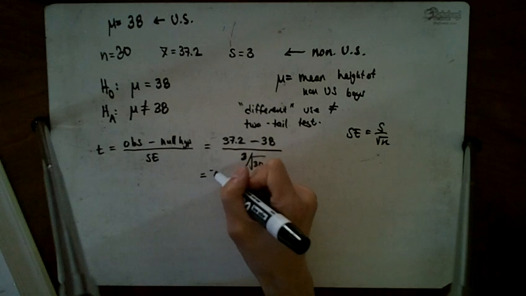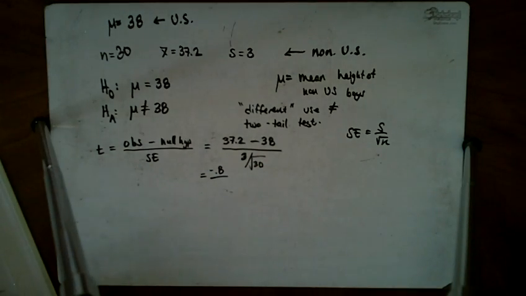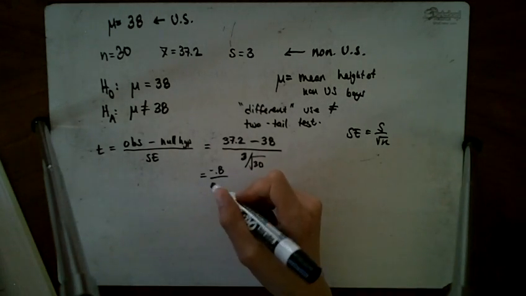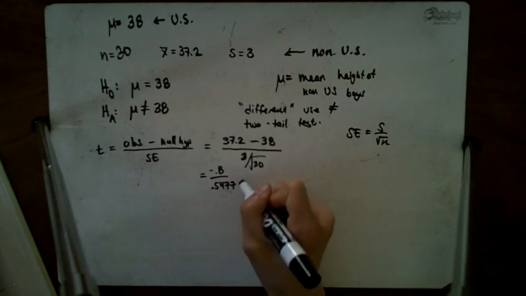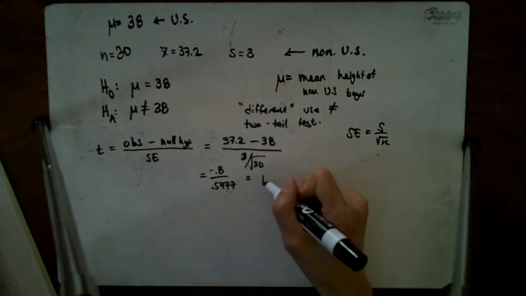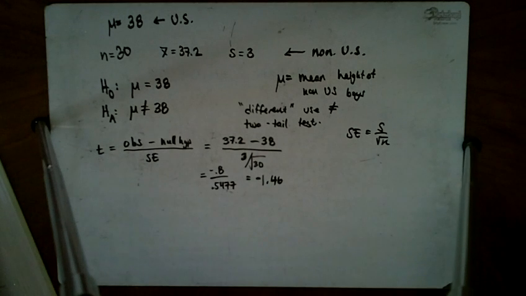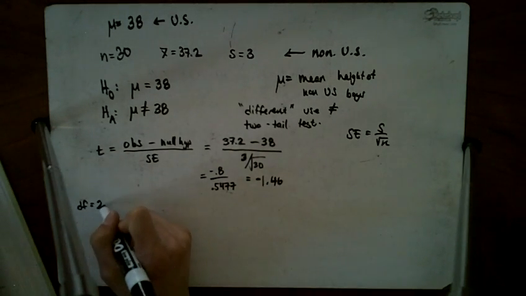So up here I have negative 0.8, and 3 divided by the square root of 30 is equal to 0.5477. And so doing that, I get a test score of negative 1.46.